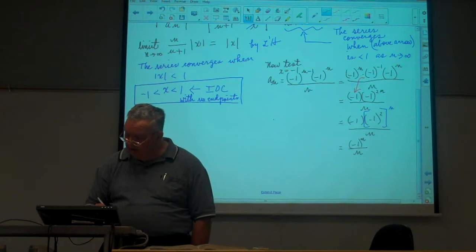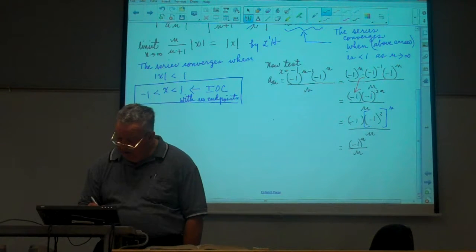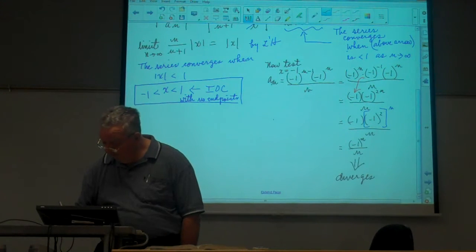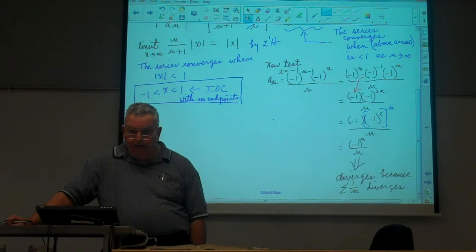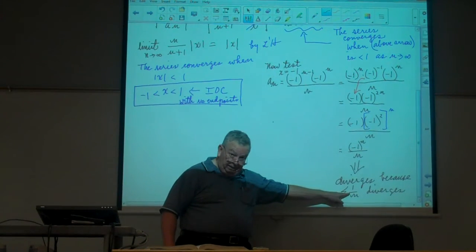So what I'm saying is, this series diverges because if I'm testing to see if it converges absolutely, the minute I take the absolute value of that nth term, don't I get this?